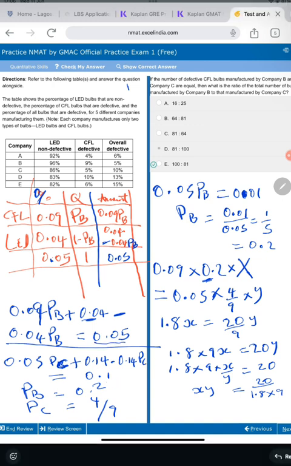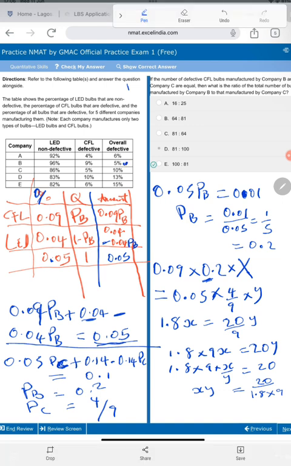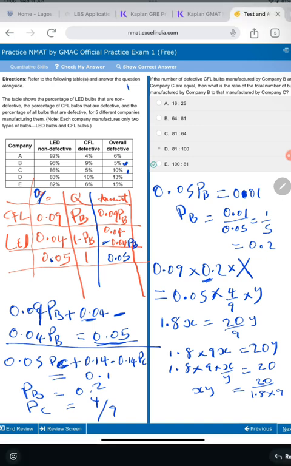Remember that this 0.05 is the 5%, the overall, and this 0.1 is 10%, which is the overall for C.